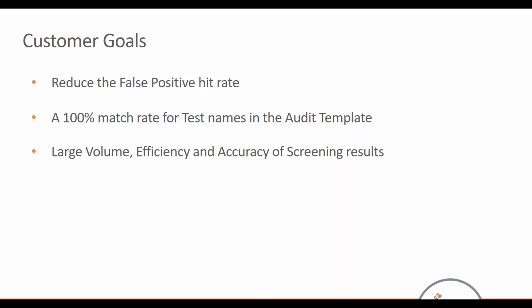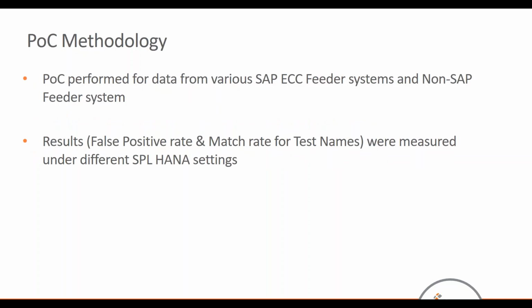So from a methodology perspective, since they were having multiple instances of ECC system, we took a sample size of data from their SAP ECC system, which ran into several 100,000 records, and also took an extract of business partner master data from the non-SAP ERP system.